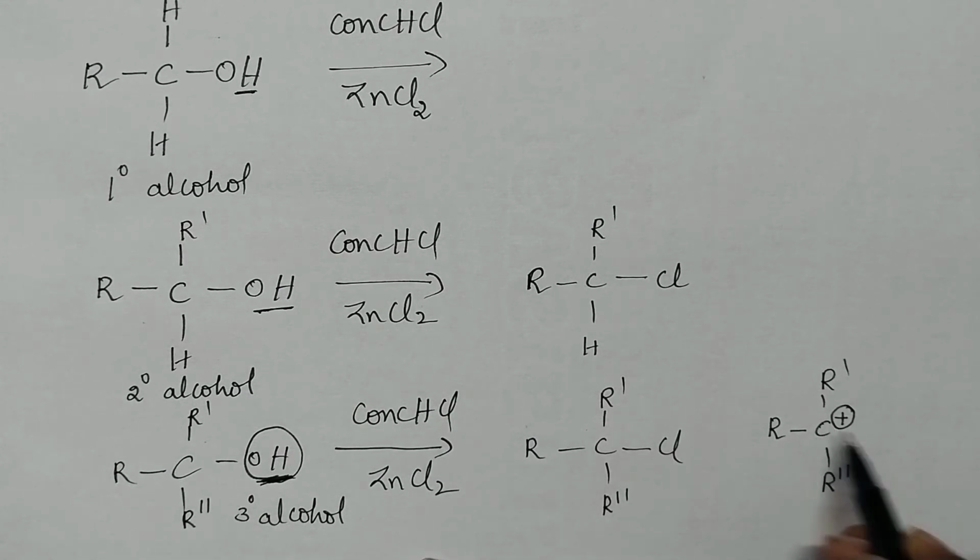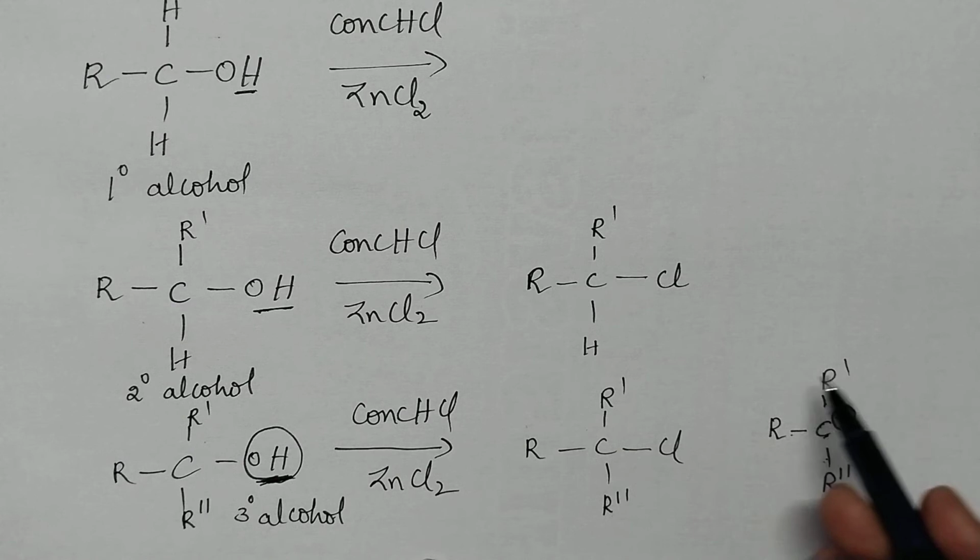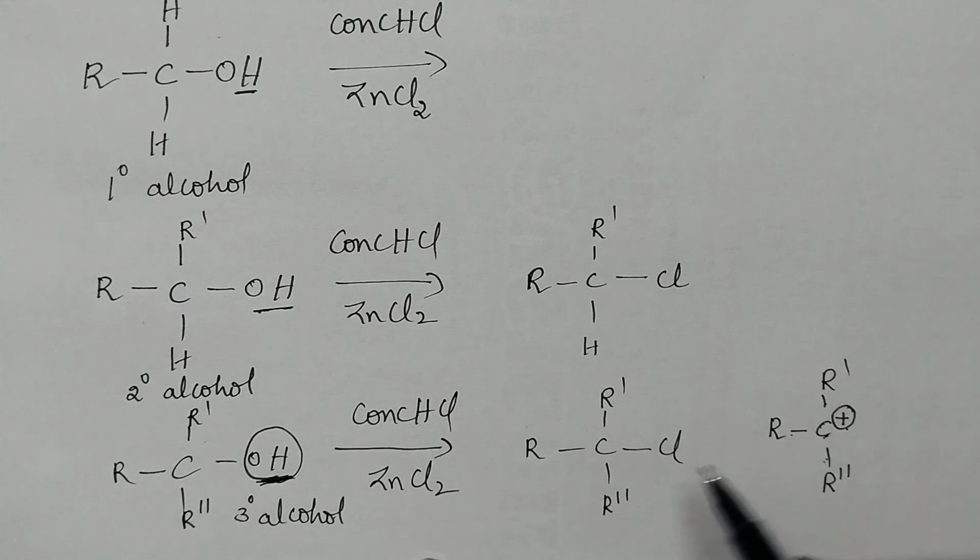Remember that this carbon atom carries the positive charge and the central carbon atom is attached to 3 other carbon atoms and hence it is highly stable. Thus, whenever the tertiary alcohol is treated with concentrated HCl in the presence of zinc chloride, it results in the formation of a more stable carbonium ion immediately. So, this reaction takes place immediately.